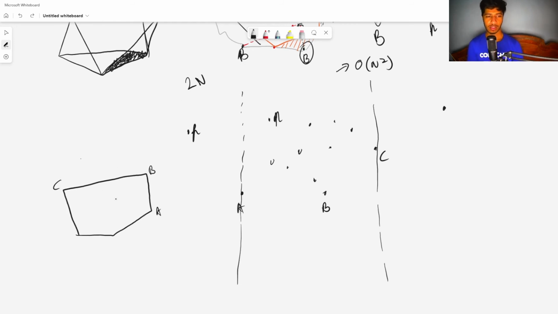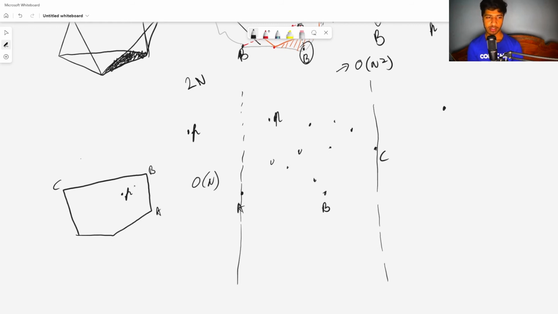So you can see that each point will be considered O of n number of times. This P will be considered, but the complexity won't be O of n square anymore.